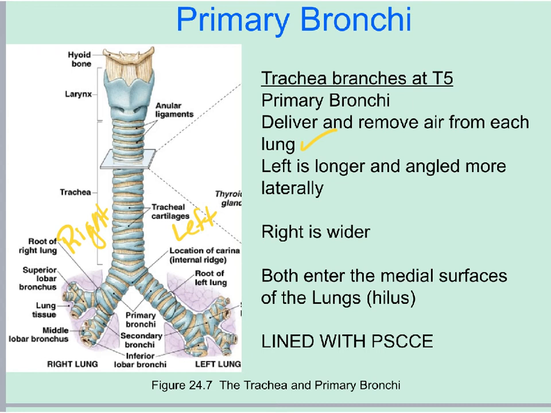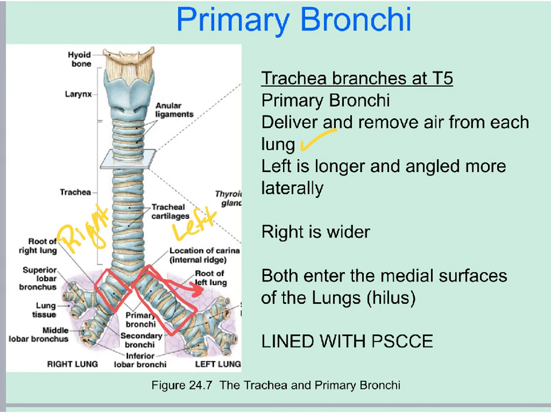So some anatomical differences between those two bronchi. One would be that the left is a little bit longer. So there's the left primary bronchus, and here's the right primary bronchus. So you can see that it's longer, and it's not shown very well here, but the left primary bronchus is angled a little bit more laterally.